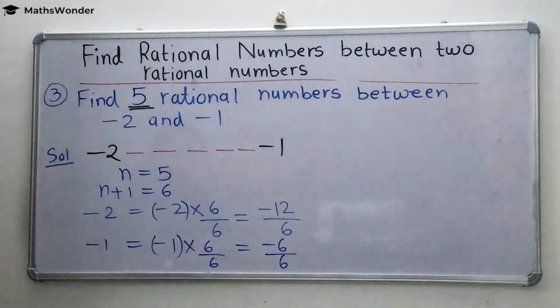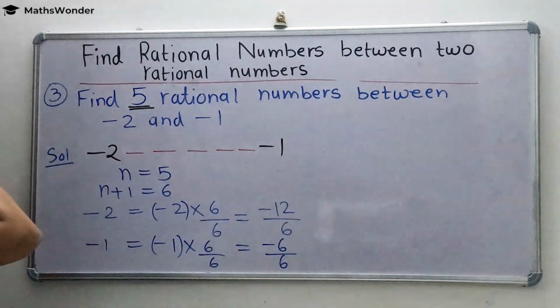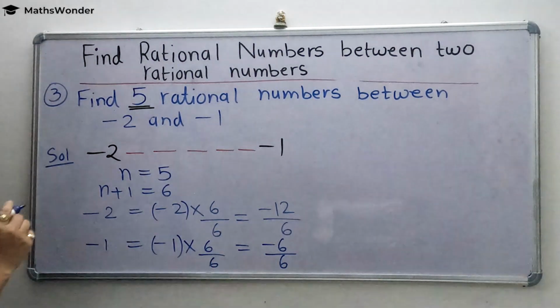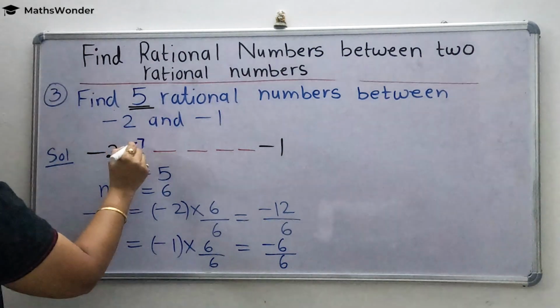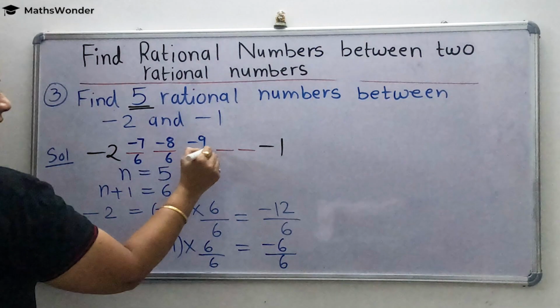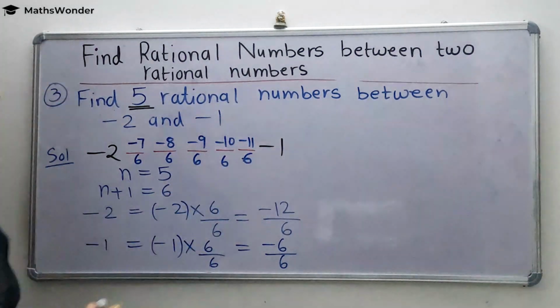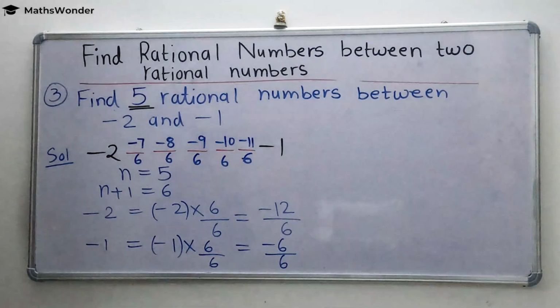Now the denominator is the same, right? 6, 6. We can easily find the 5 rational numbers. After -6, which number will come? -7 over 6, -8 over 6, -9 over 6, -10 over 6 and -11 over 6. Now we found 5 rational numbers between -2 and -1.